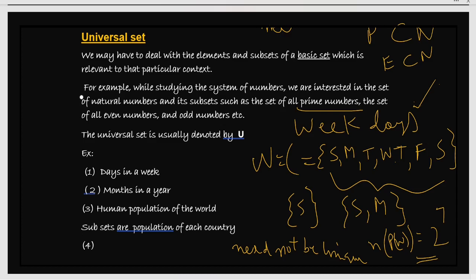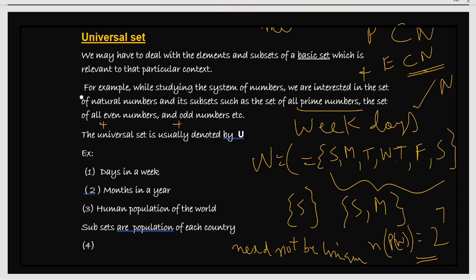Actually, you can write positive even numbers. Positive even numbers can be a subset of the natural numbers. The set of all positive odd numbers can also be a subset of the natural numbers.